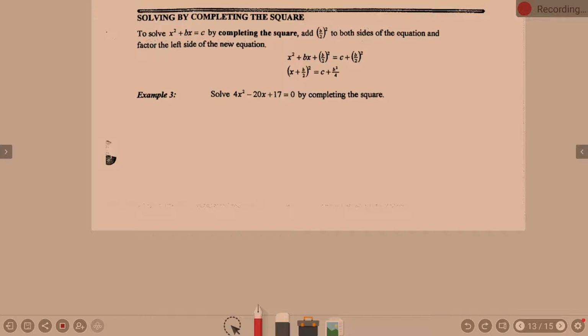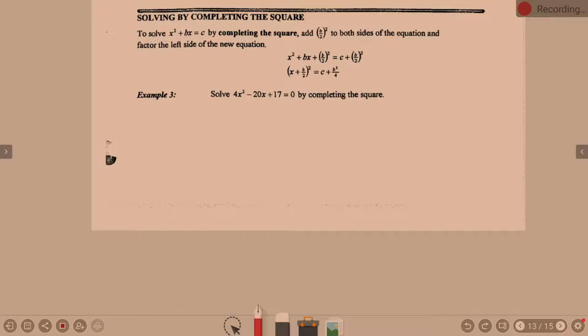To solve x squared plus bx equals c by completing the square, add b over 2 squared to both sides of the equation, and factor the left side of the new equation. Once you get that left side factored, then we're going to go back to what we just did in solving by extracting roots. So solving by taking square roots.